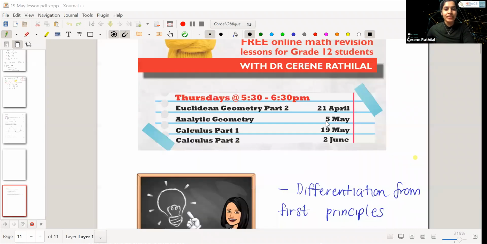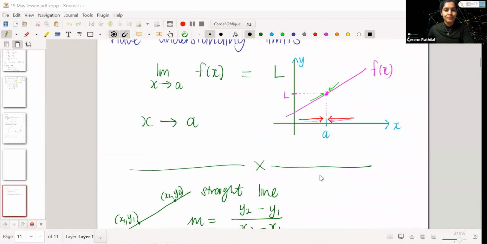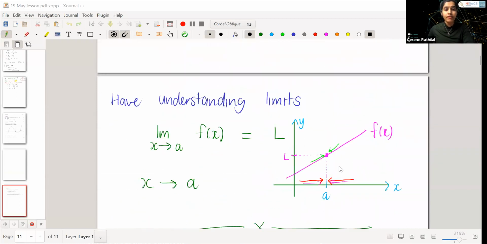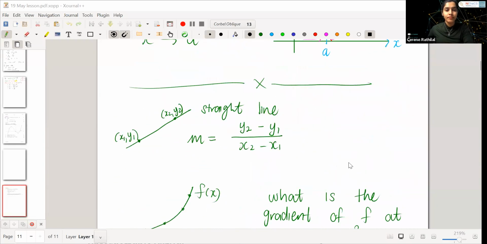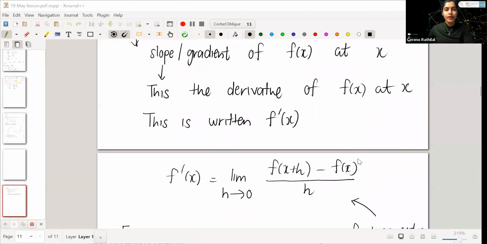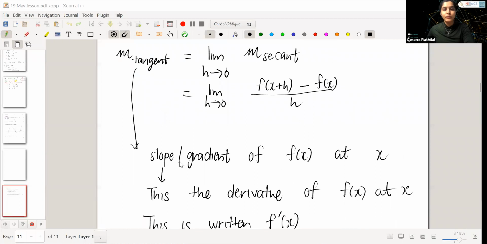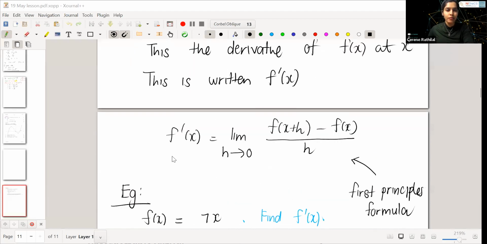All right, so last week, we had learned about differentiation from first principles, as well as a few basic rules of differentiation. We had seen that the derivative of a function, f prime, represents the slope or the gradient of the function f at a point x, and we denoted that by f prime of x.